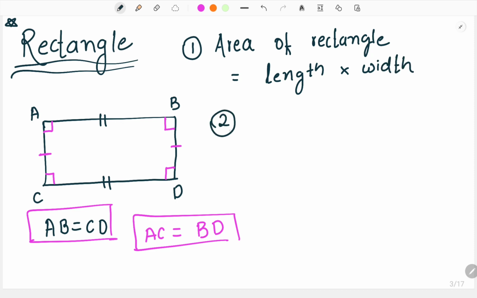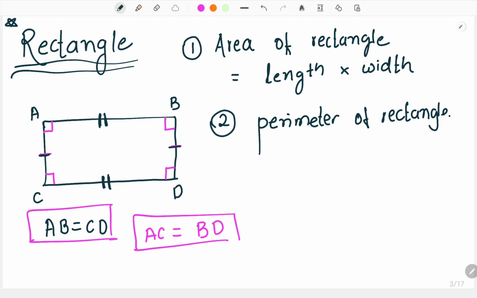Second formula is the perimeter of rectangle. Now what is perimeter, students? Perimeter is nothing but the boundary of any given shape. So what will be the perimeter of a rectangle? Look here.